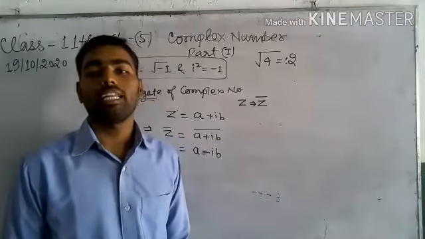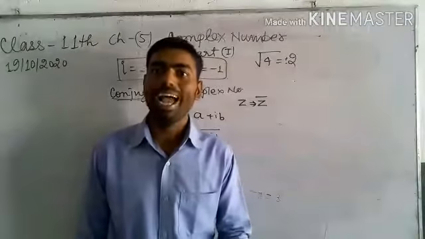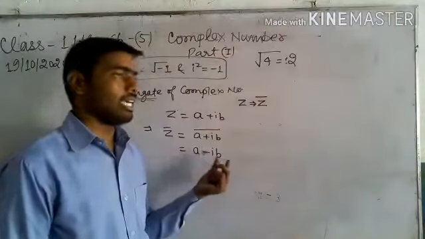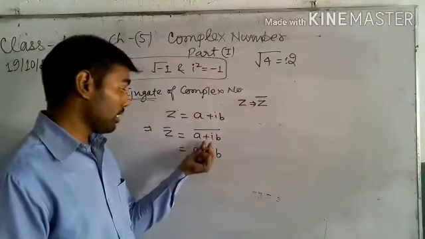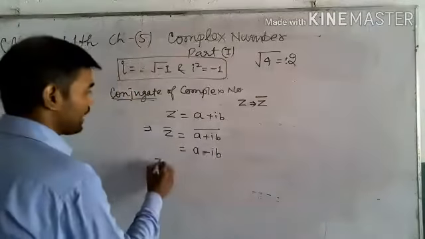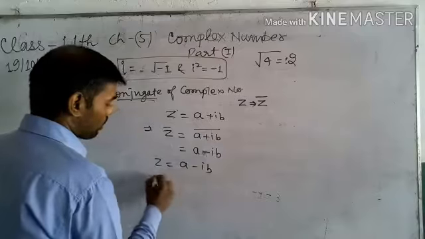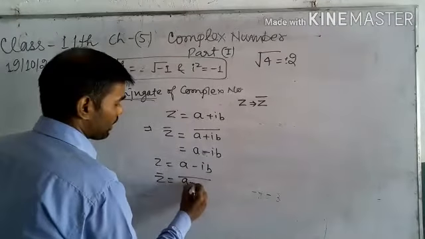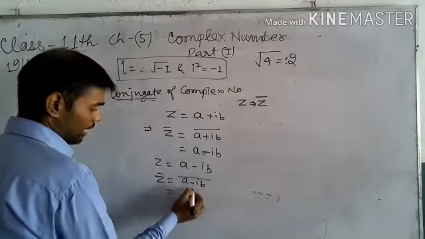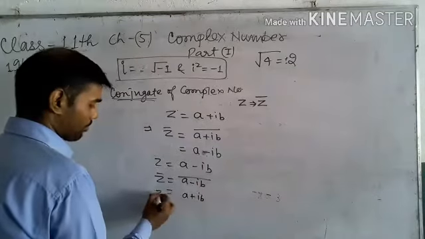If the sign of the imaginary part is plus, then after conjugate it will be minus, and if it is minus, after conjugate it is plus. So if z is equal to a minus ib, the conjugate of z is a plus ib.